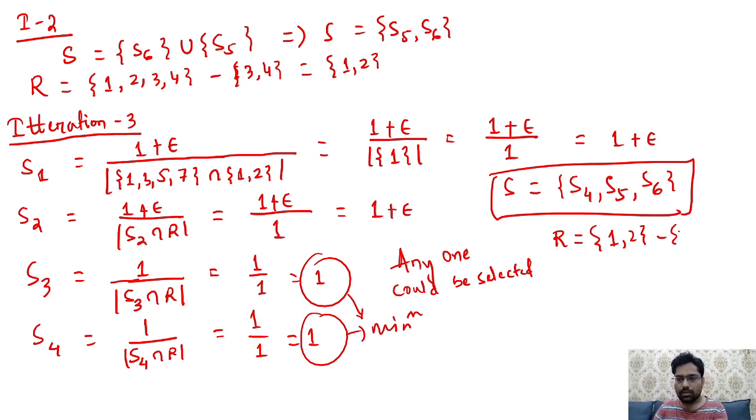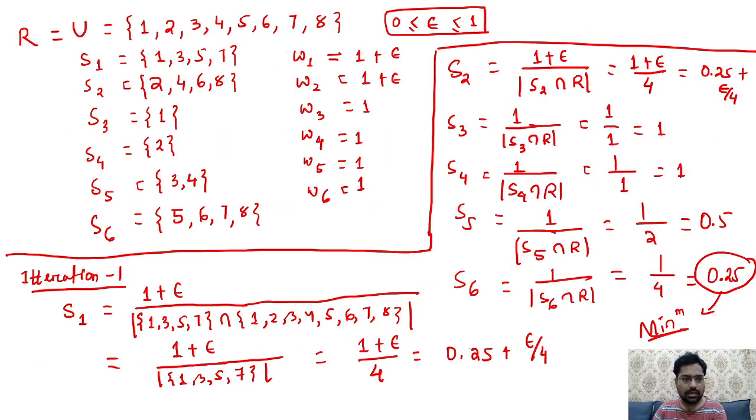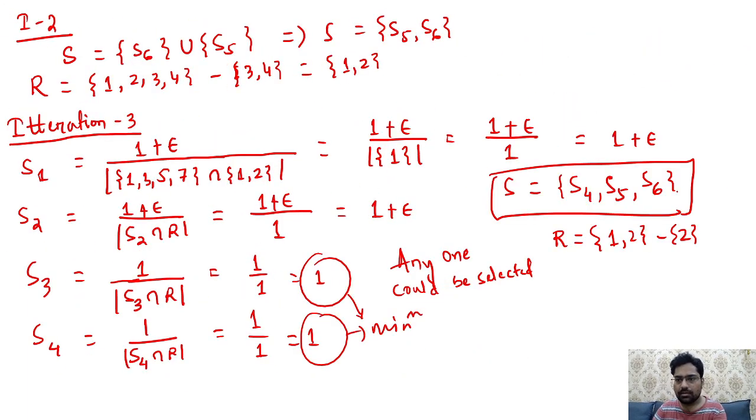So 2 is getting deleted, I think it's S4, 2 is getting deleted. Now the value present here is 1.